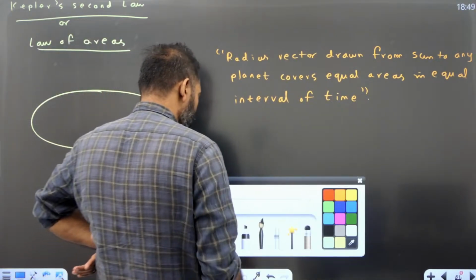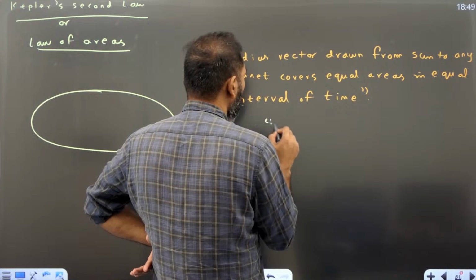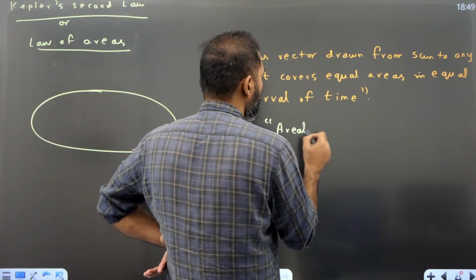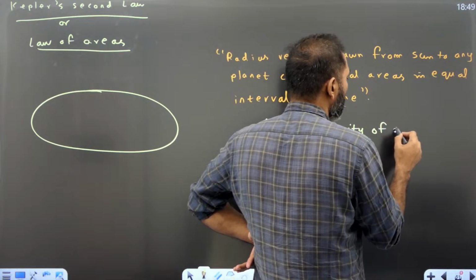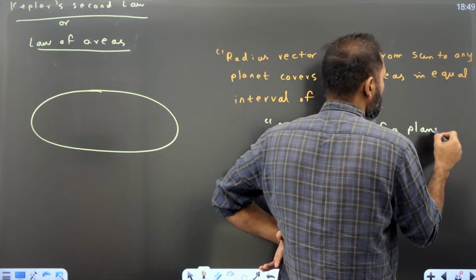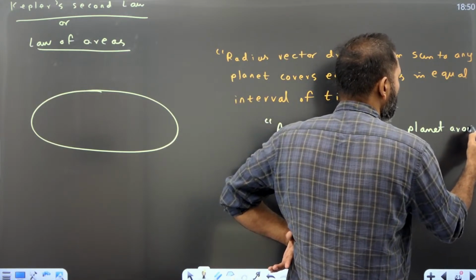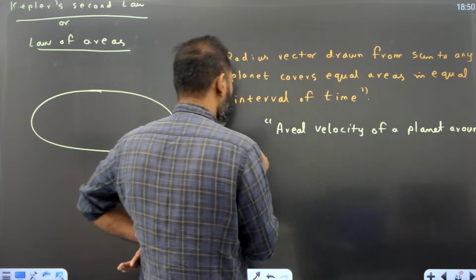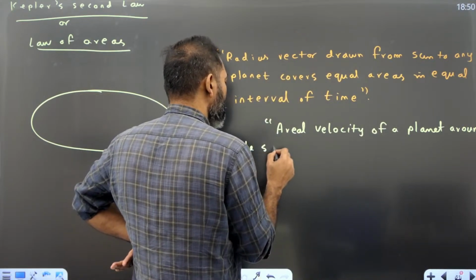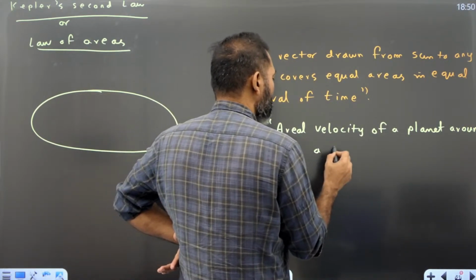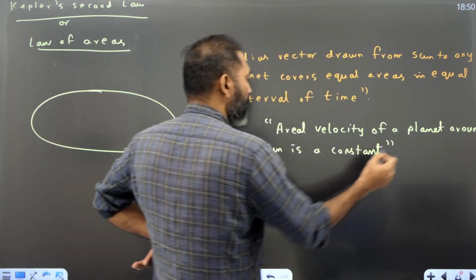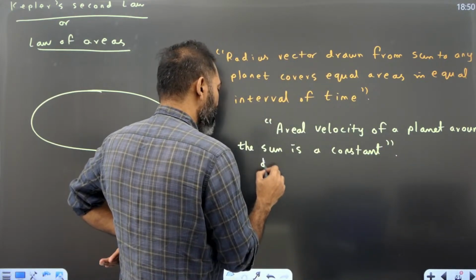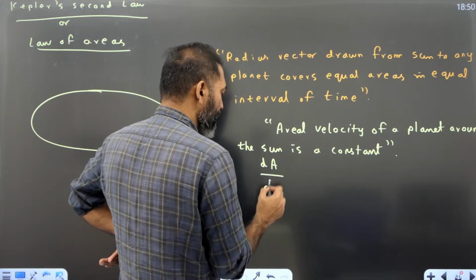Or you can say that the aerial velocity of a planet around the sun is a constant. Another definition, you can write any of these definitions, or mathematically dA by dt. What is dA by dt?